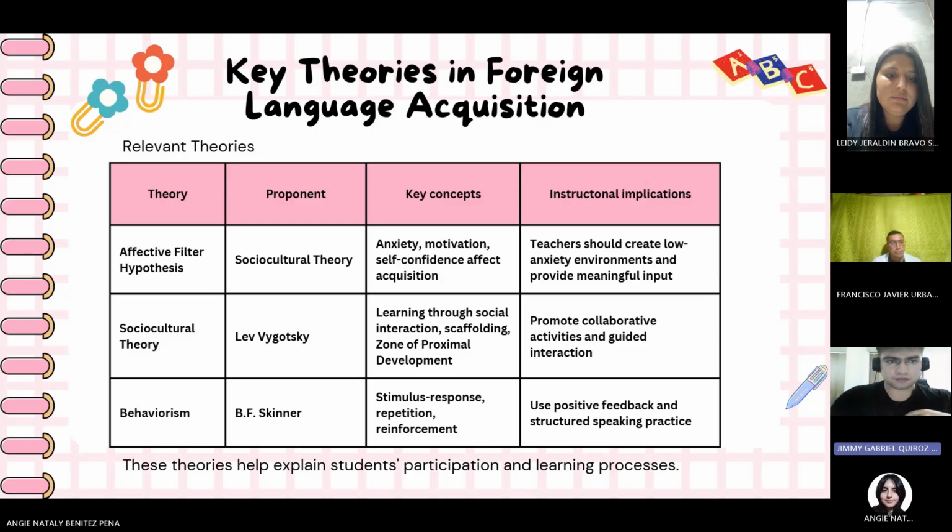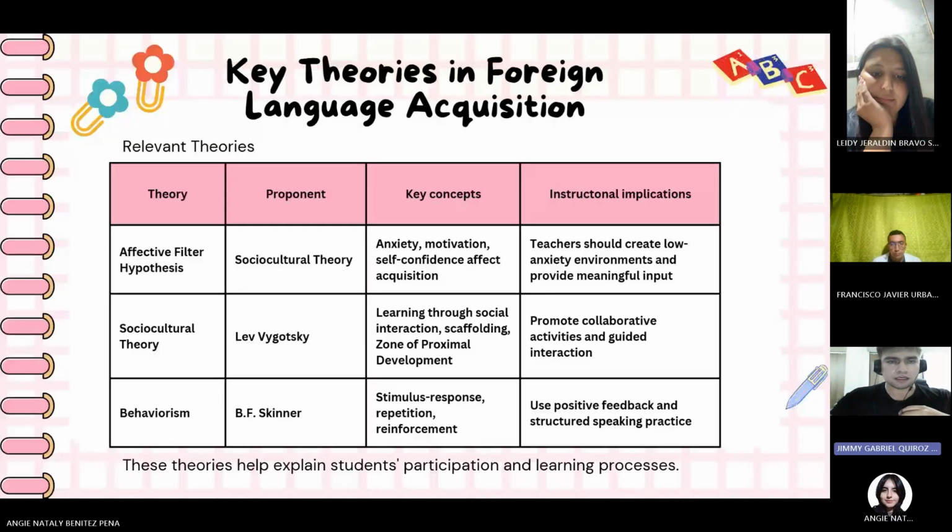Then we have Vygotsky's sociocultural theory, which in this case is focused on interaction. Students learn better when they work with others, like in pairs or groups, and when the teacher guides them step by step.